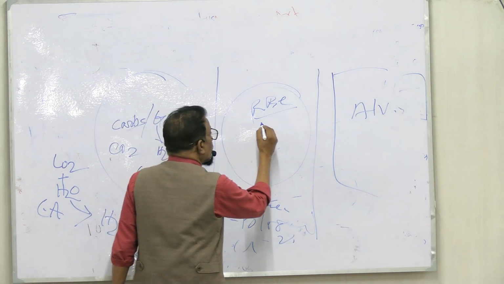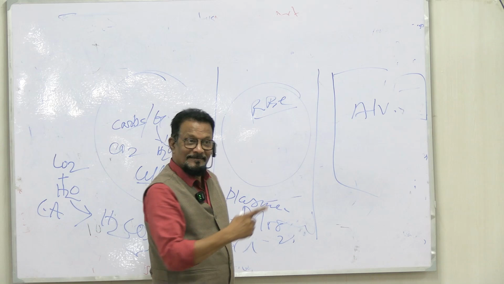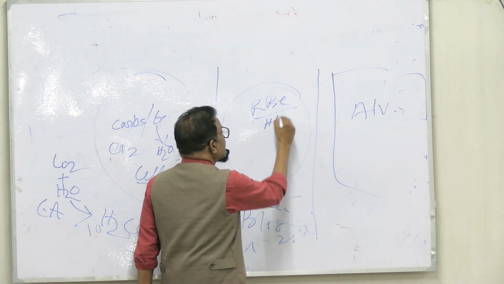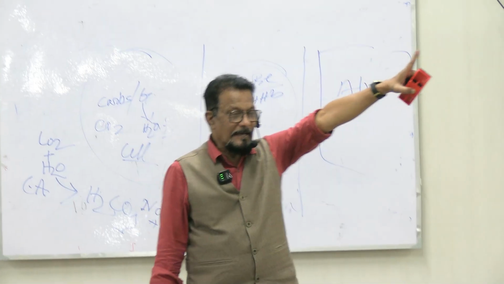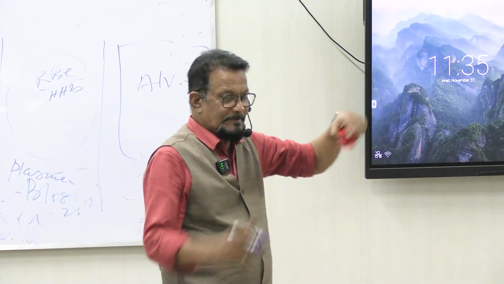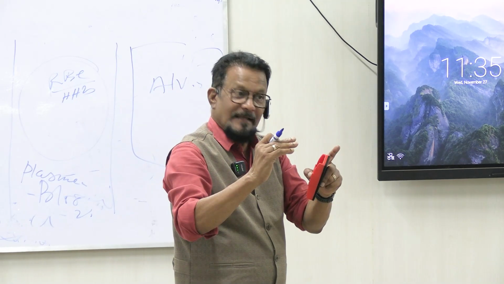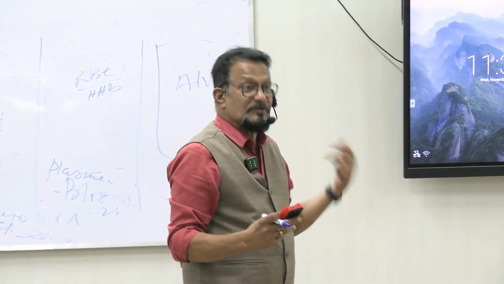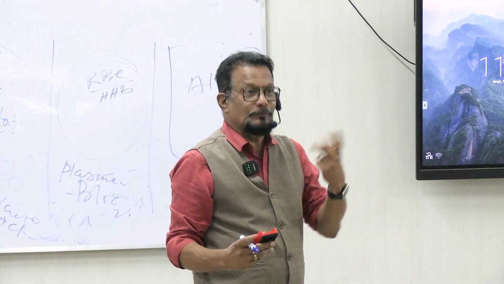So here hemoglobin has come as HHb. It was there as HbO2 negative. Now, after liberating oxygen, it has become HHb, reduced hemoglobin. Now it has come to the lung to carry oxygen.